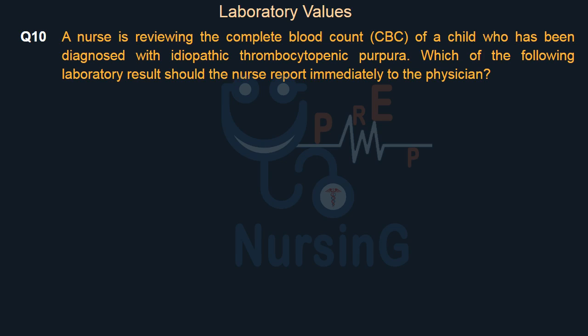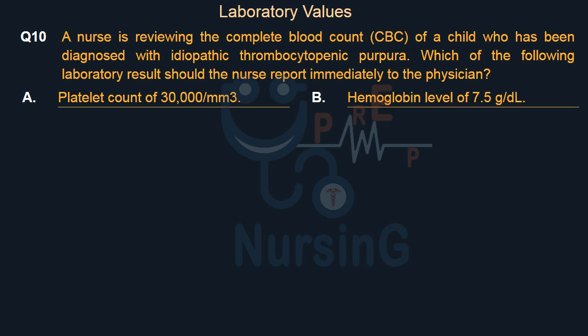A nurse is reviewing the complete blood count, CBC, of a child who has been diagnosed with idiopathic thrombocytopenic purpura. Which of the following laboratory results should the nurse report immediately to the physician? Option A, platelet count of 30,000/mm3. Option B, hemoglobin level of 7.5 grams/dl. Option C, reticulocyte count of 6.5%.